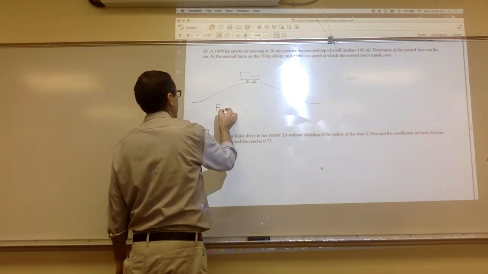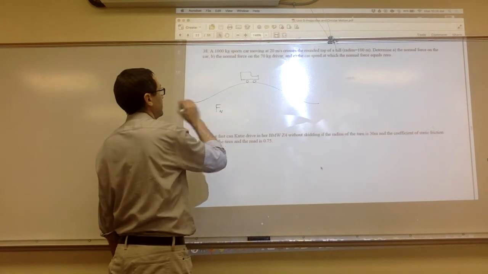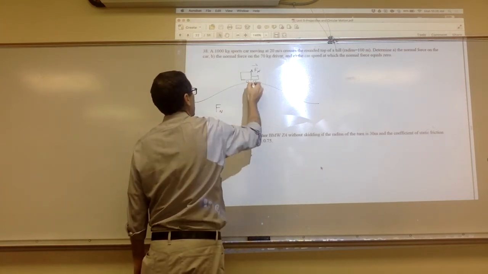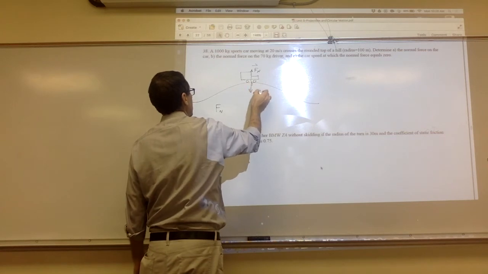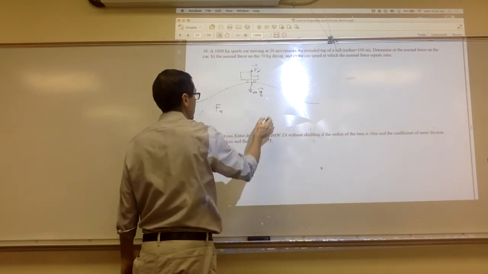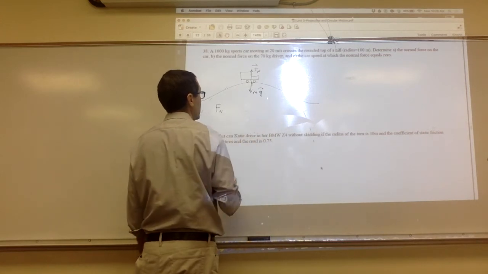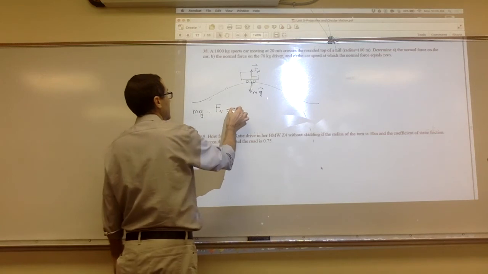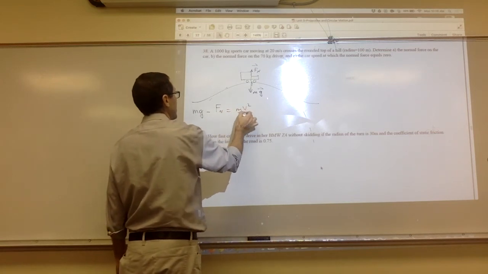All right, determine the normal force on the car. Well, Fn is this way. The mg is down this way. And the curvature of this arc, or this hill, is maybe somewhere down there. So I'm going to do mg minus Fn is mv squared over r.